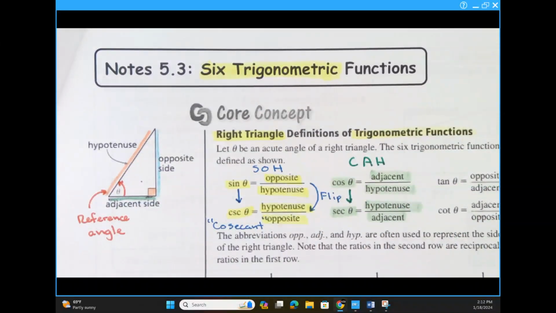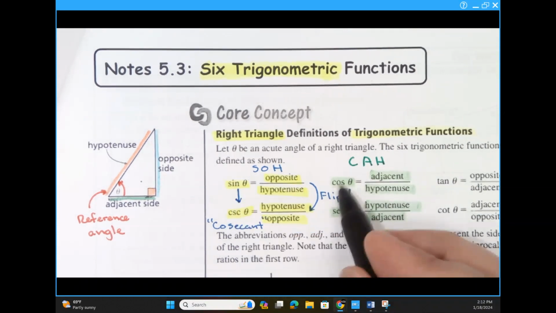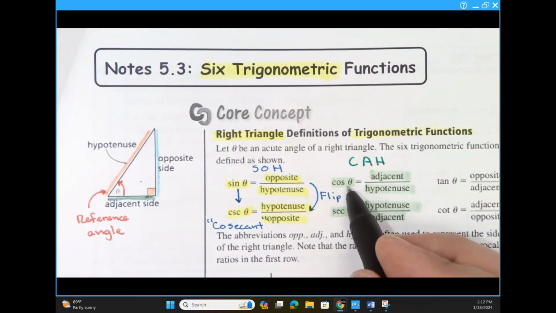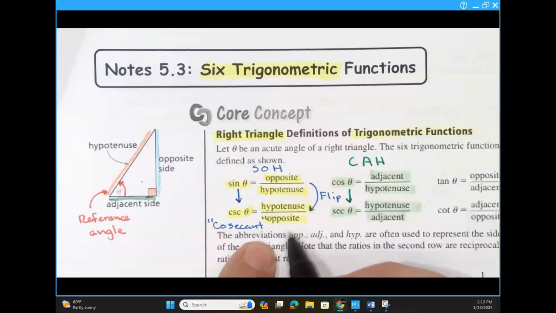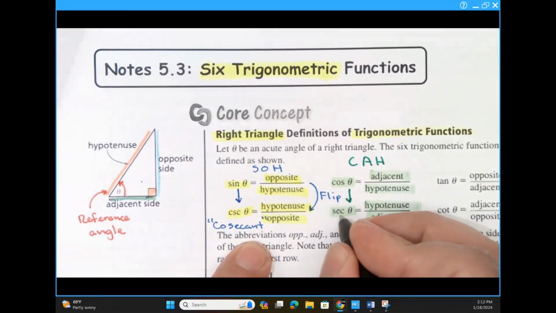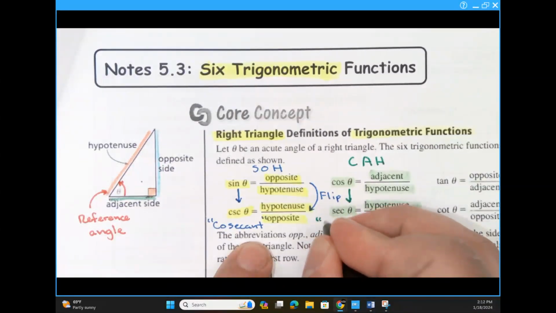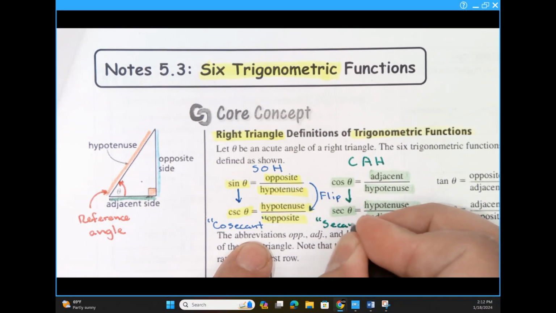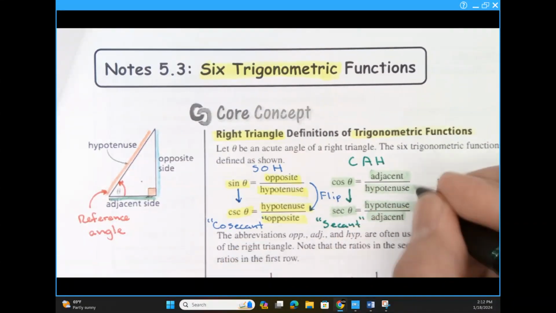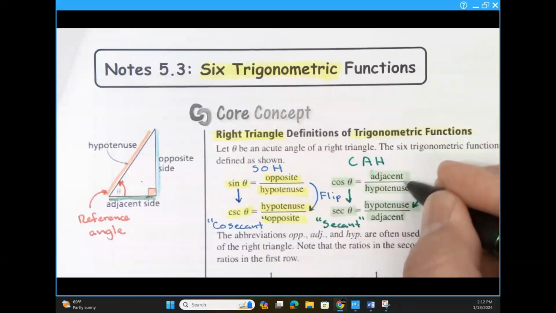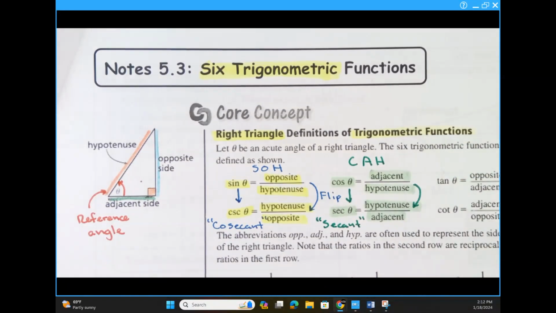Well, think about it. This is sine. This was called cosine. Well, if this one's called cosecant and this one starts with SEC, then that's because this one is secant. And again, all we do is flip the fraction over. It's all we have to do to get these brand new ones.